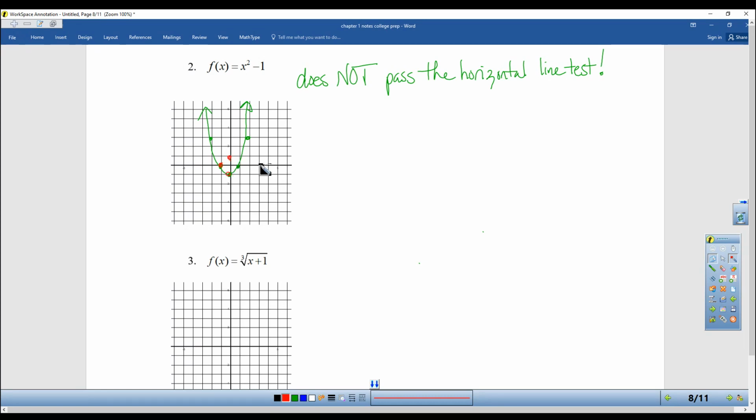And then 1, 2, 3, 4, 2, 4, 2. So this is the inverse, but it's not a function. So it's not that there's not an inverse. There's not an inverse function, which is different.